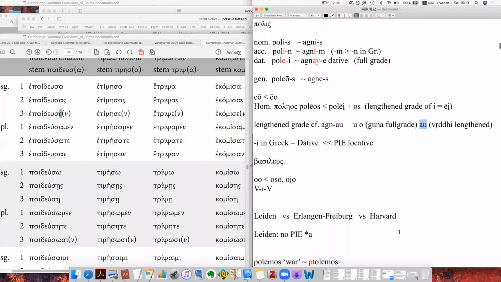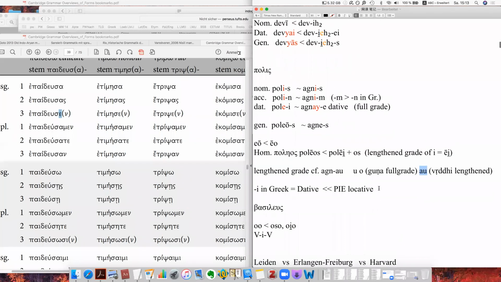Okay. And there's also some important information. In Greek, locative is combined to dative. So that's why we have an e here. Originally, it is locative, but in Sanskrit, it's a, it's dative, right?